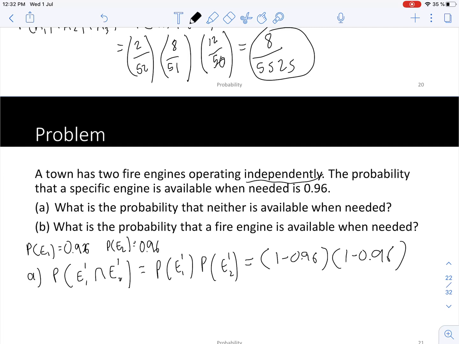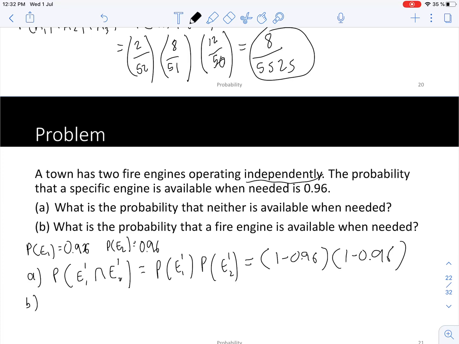Now in part B is what's the probability that a fire engine is available when needed. What's the probability that a fire engine is available when needed? That means that what's the probability that E1 is going to be working, or E2 is going to be working, or both of them are working.